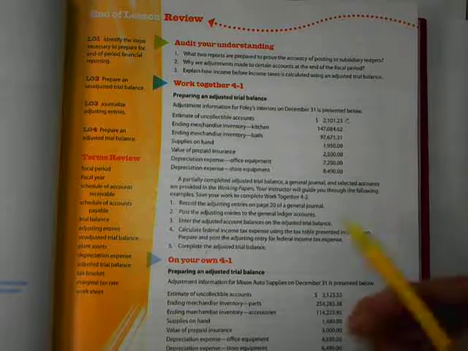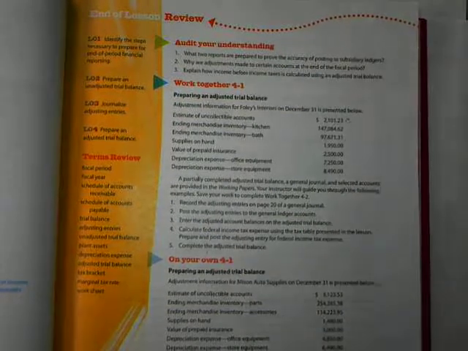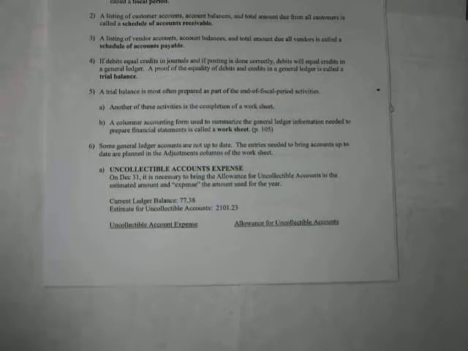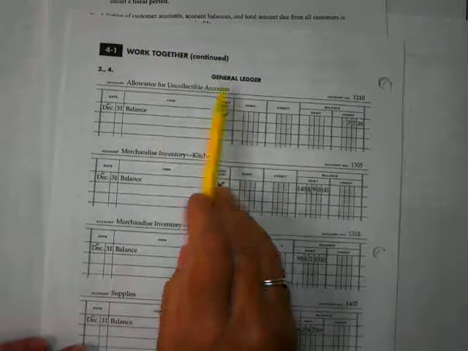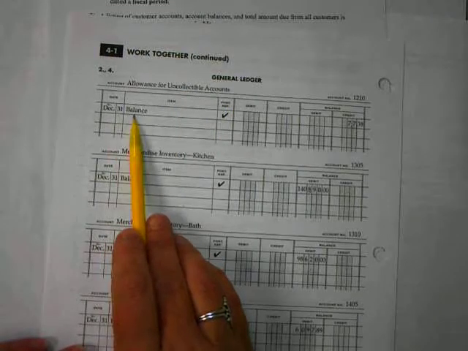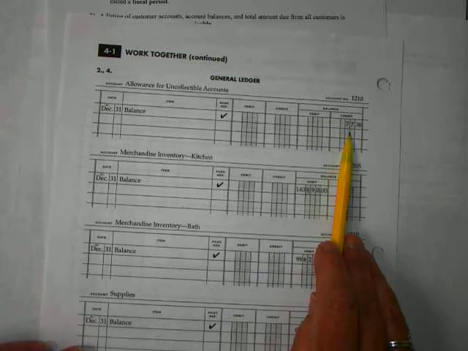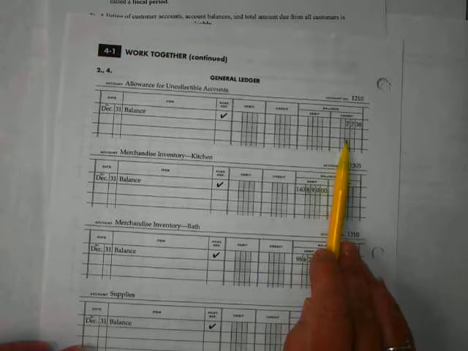Well, in our case, there is, and we know that because in our general ledger, the balance on December 31st is $77.38. So we need our new balance to be 2101.